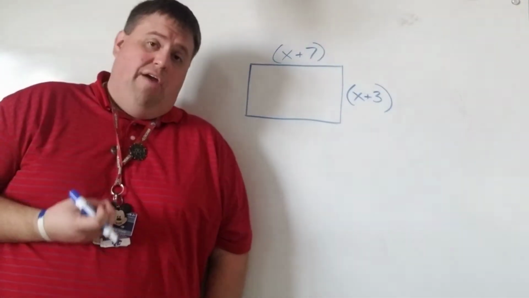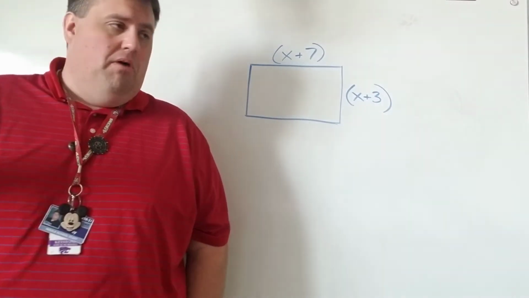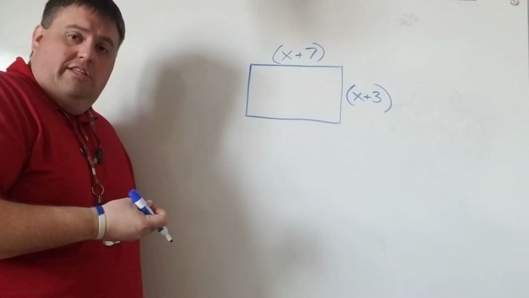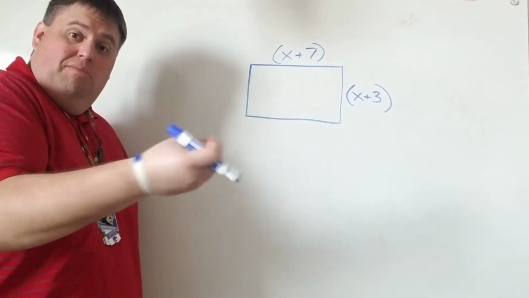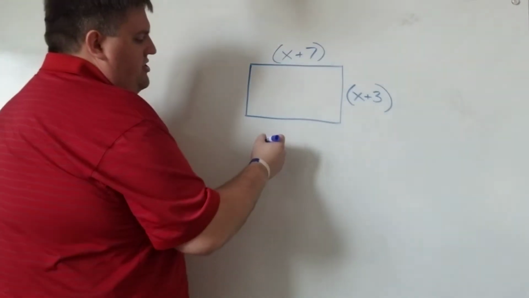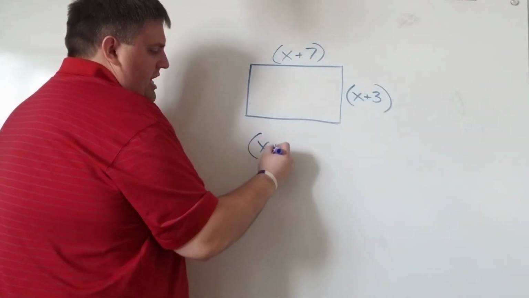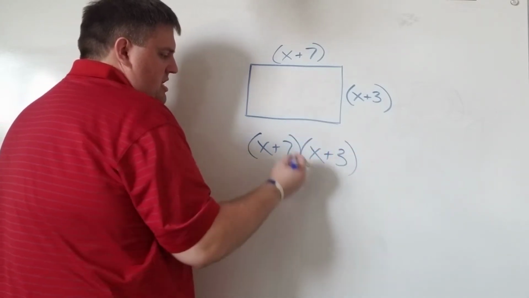So if I want to find the area of a rectangle, I know that's length times width. And in this case, we're going to multiply two binomials by each other. So we're going to go back and how do you multiply binomials by each other, right? We got to distribute. So if I wanted to find the area of this thing, I'm going to do x plus 7 times x plus 3.